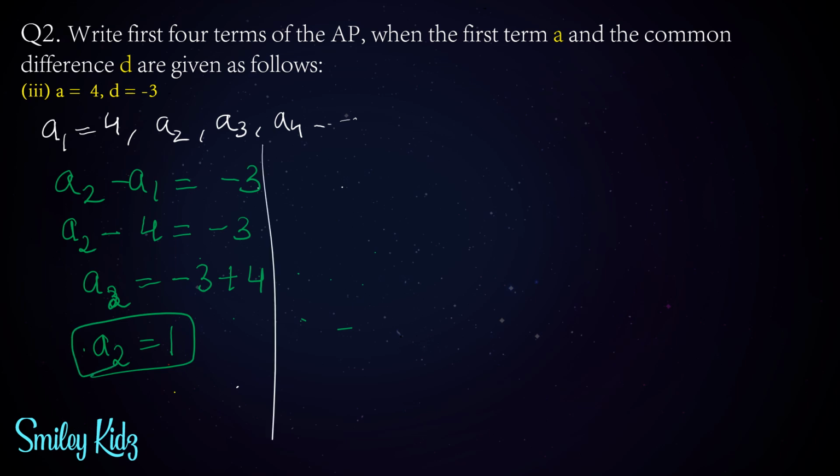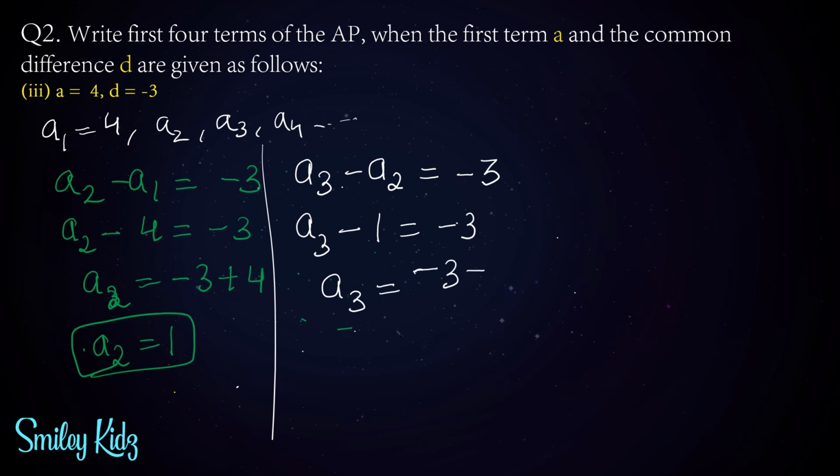Moving forward, we have A3 minus A2 is equal to minus 3. The value of A3 is unknown, whereas A2 is known to us. A3 is equal to minus 3 plus 1 and A3 is equal to minus 2.